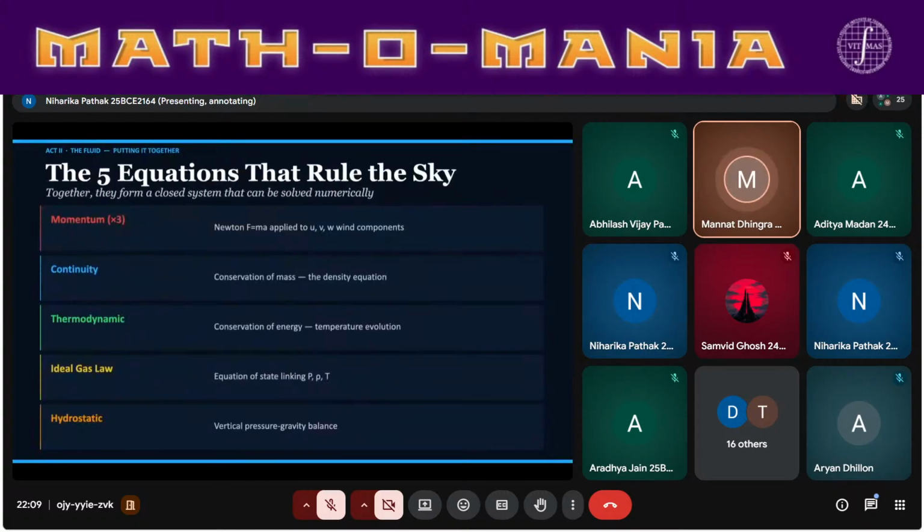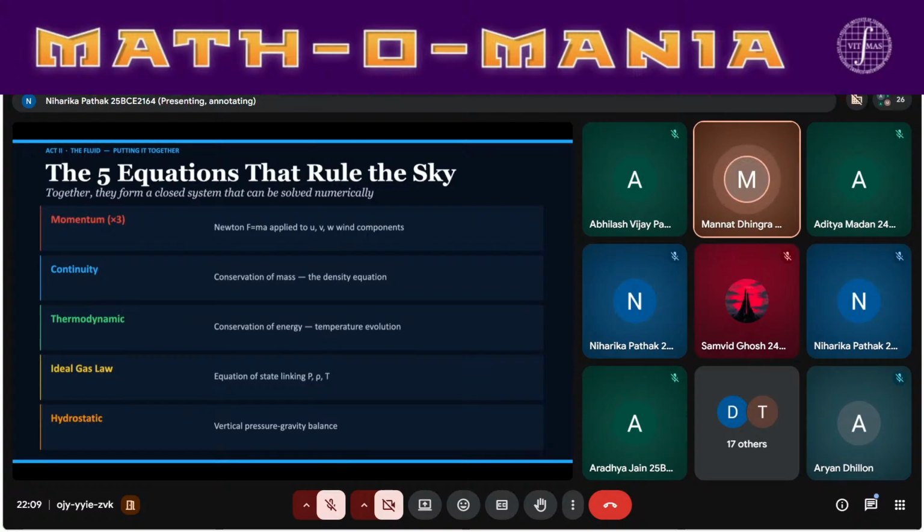So now, the equations that I explained to you, starting with the conservation laws: conservation of momentum, conservation of mass, and conservation of energy. For momentum, I gave you the equation using Newton's second law of motion, force is equal to mass into acceleration.